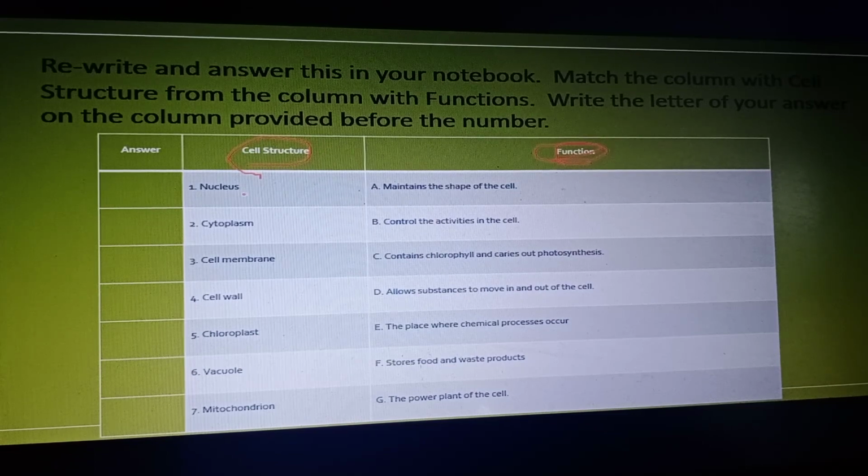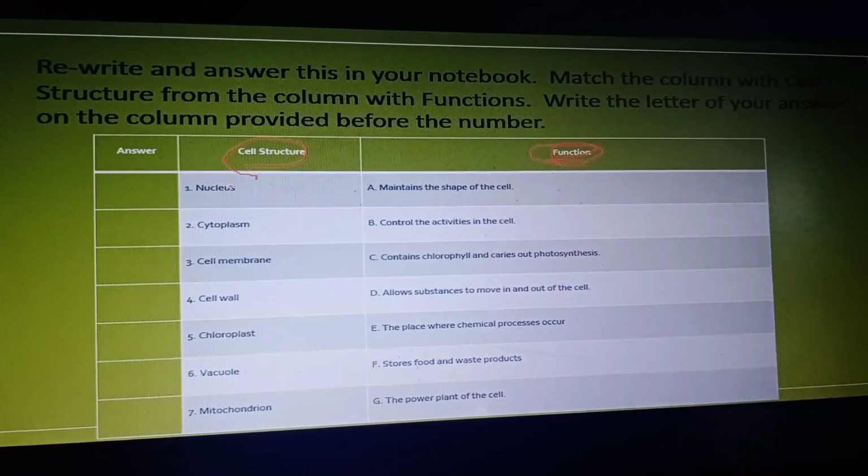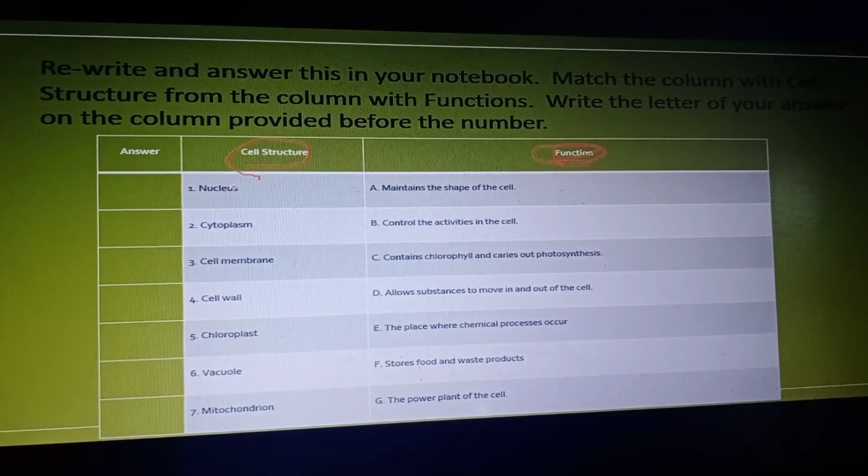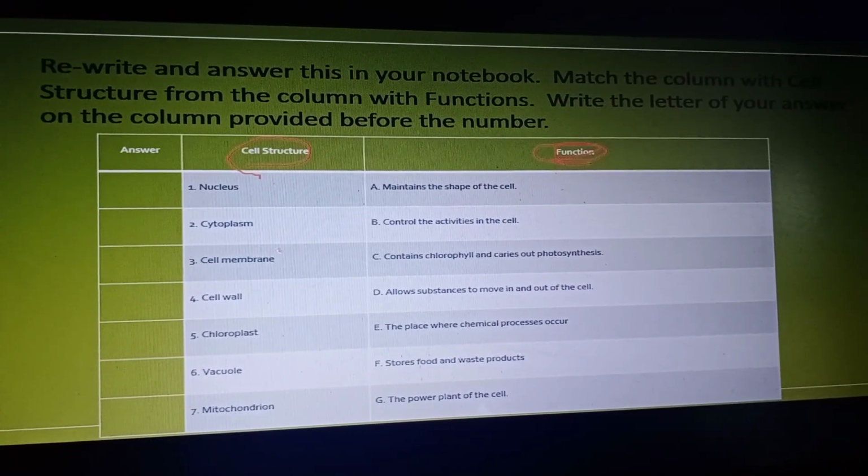Okay, we have here the different cell structures from the two cells. We have here nucleus, cytoplasm, cell membrane, cell wall, chloroplast, vacuole, and mitochondrion or mitochondria. These are now the functions. Now, try to identify which are the right functions of each cell structure.